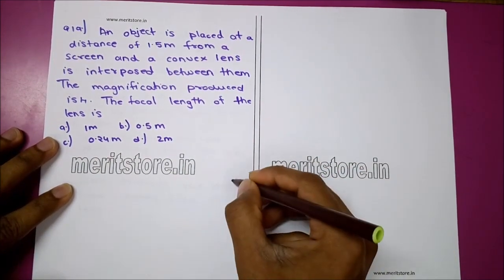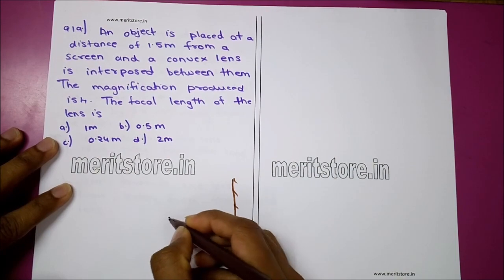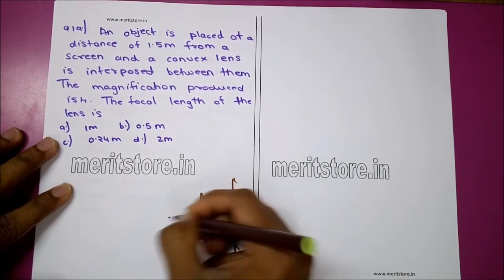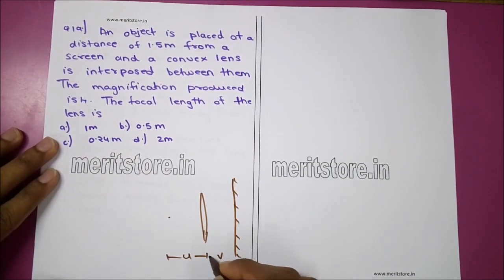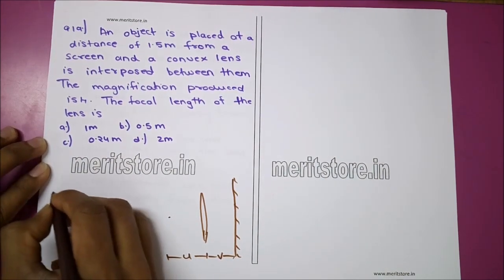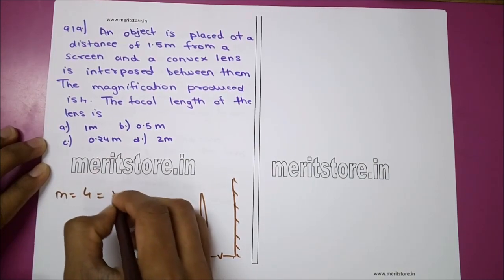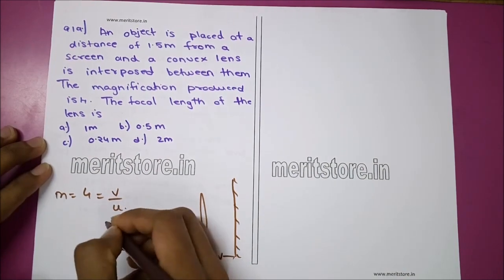Over here, this is a screen, this is the object. Let's say a lens has been placed between them. So the object distance is u and the image distance, let it be v. So magnification is given as 4, which is the ratio of the image distance to the object distance.